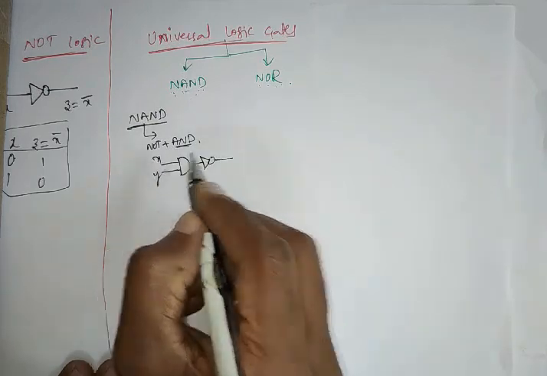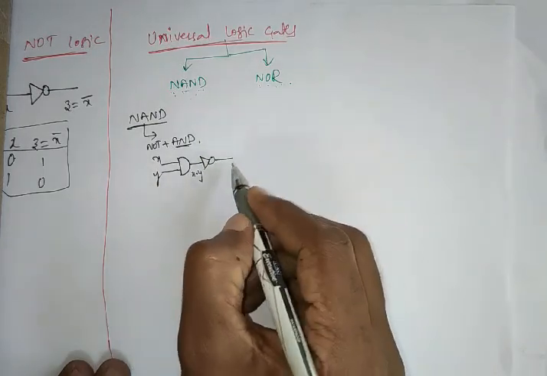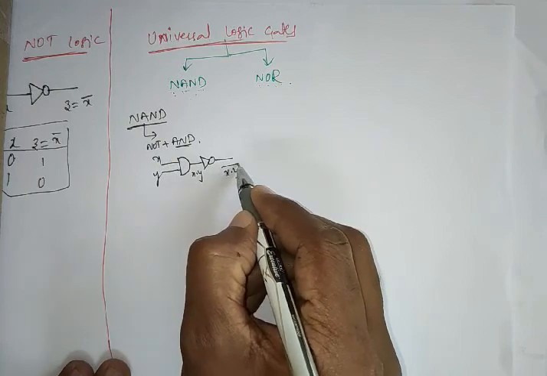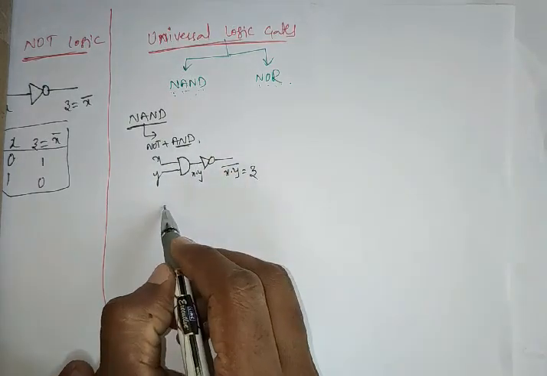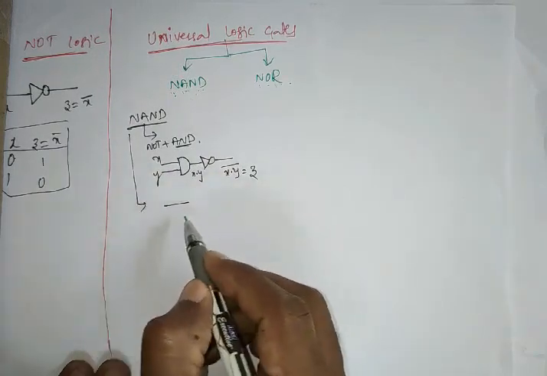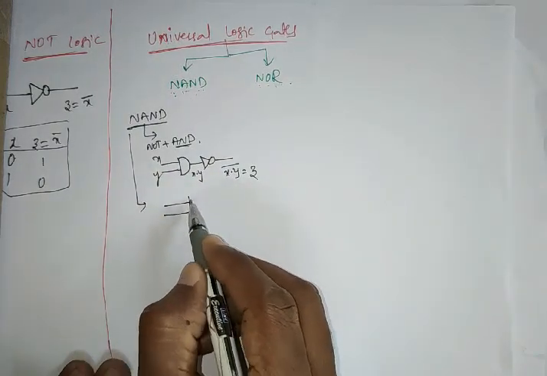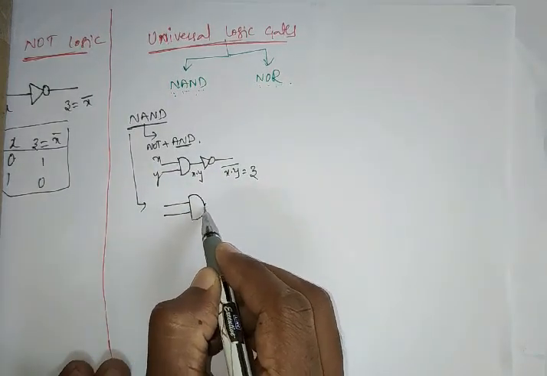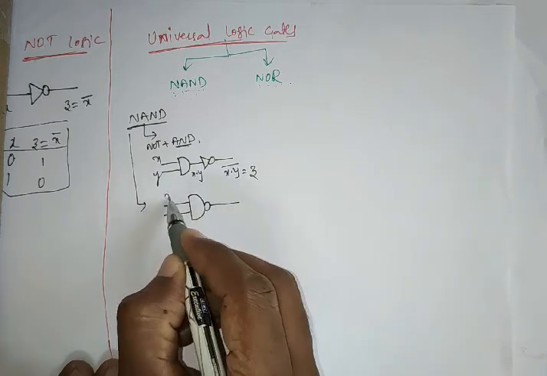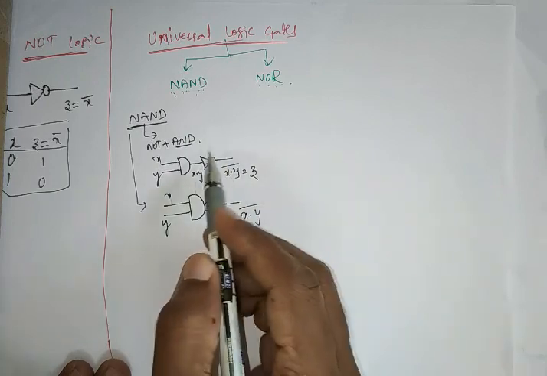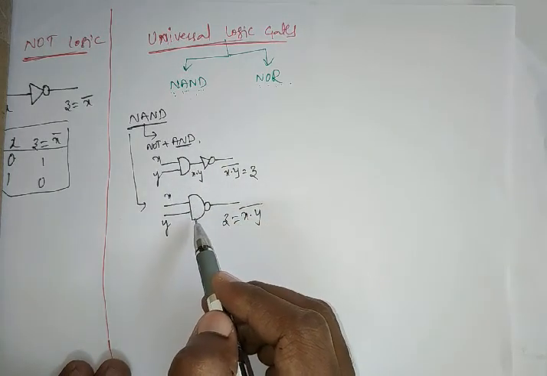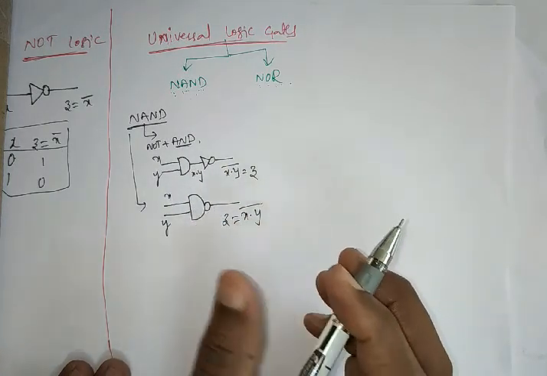Here x y input, here output is x into y, here output is x into y whole bar, that is equal to z. So instead of these terms, just I am representing directly NAND gate is AND with bubble, x y, here z is equal to x into y whole bar. These two combinations, just I am going to say AND is connected with bubble, that is a NAND gate.